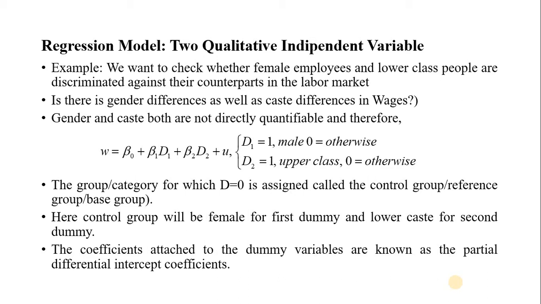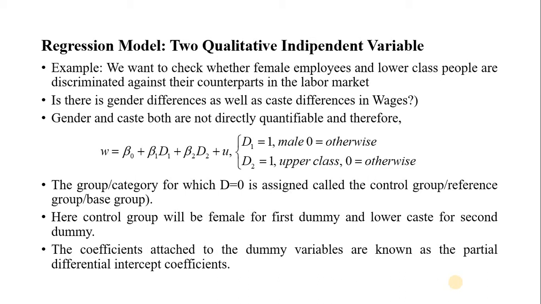Let me take an example, just the example that we have discussed: are there differences in the wage market based on gender as well as caste? Caste is also a qualitative variable, as you know.